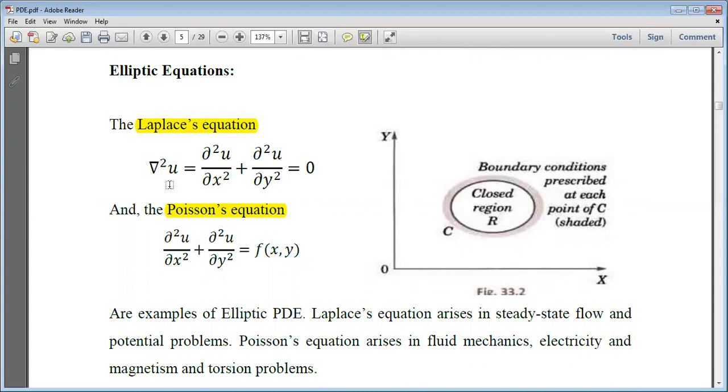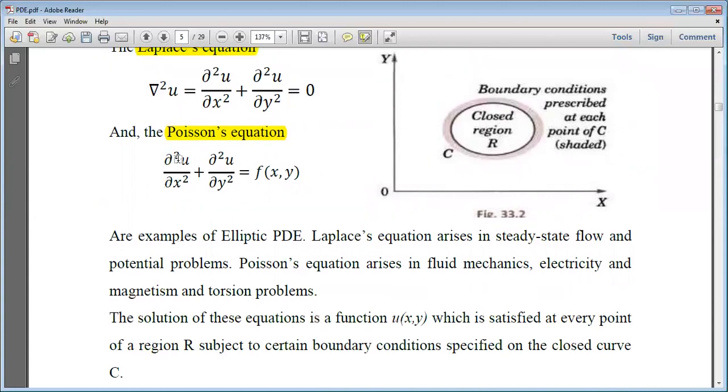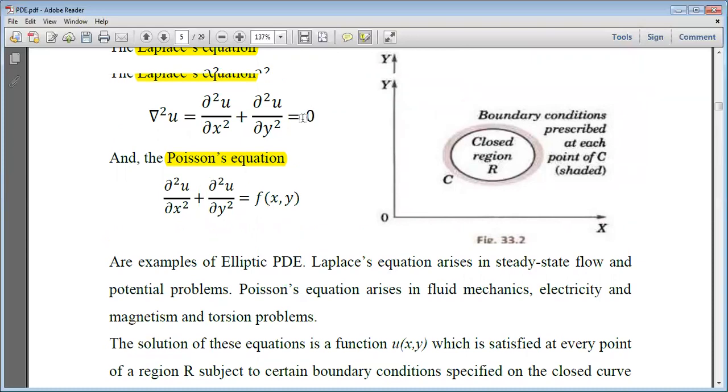That is the Laplace equation. And Poisson's equation: ∂²u/∂x² plus ∂²u/∂y² is equal to a function f(x, y). So here this is a function f(x, y) and this one is 0.